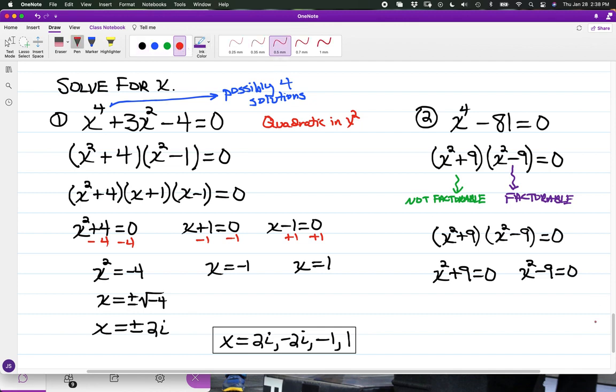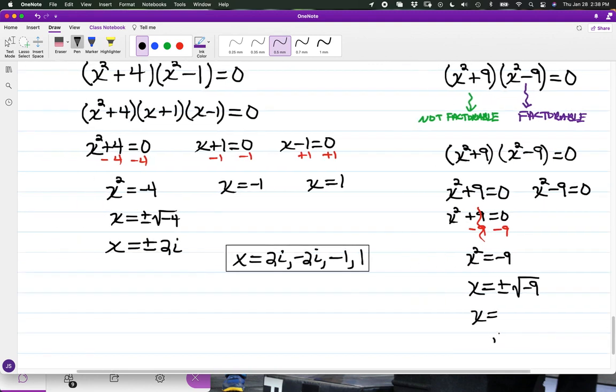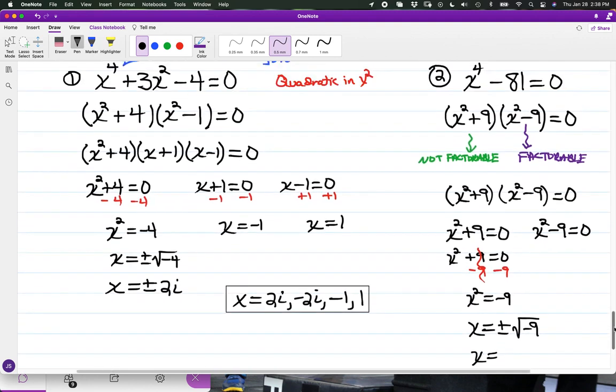And if I isolate the x squared terms, for x squared plus 9 is equal to 0, if I take 9 away from both sides, we have x squared is equal to negative 9. And with the square root property of equality, we have x equal to plus or minus the square root of negative 9. And so in this case, x will be equal to plus or minus 3i.